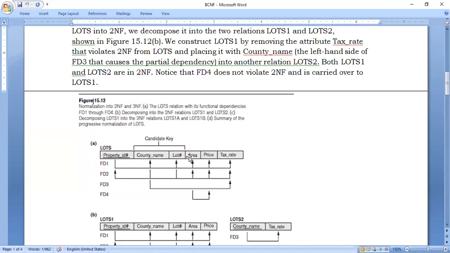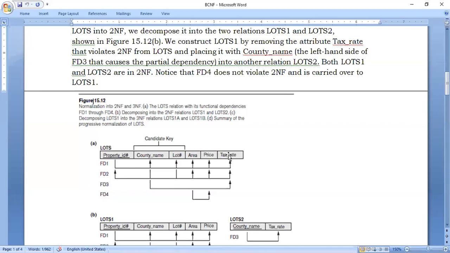As per the definition of prime attributes, every attribute that is part of a candidate key is a prime attribute. So property ID is a prime attribute, country name is a prime attribute, and lot ID is also a prime attribute. The non-prime attributes are area, price, and tax rate.